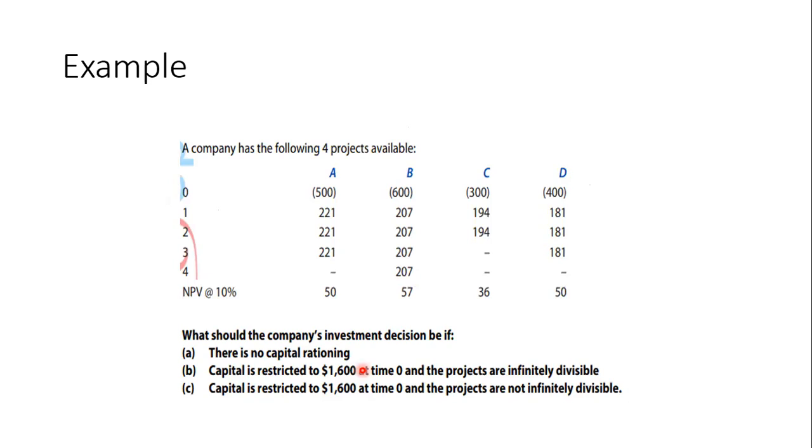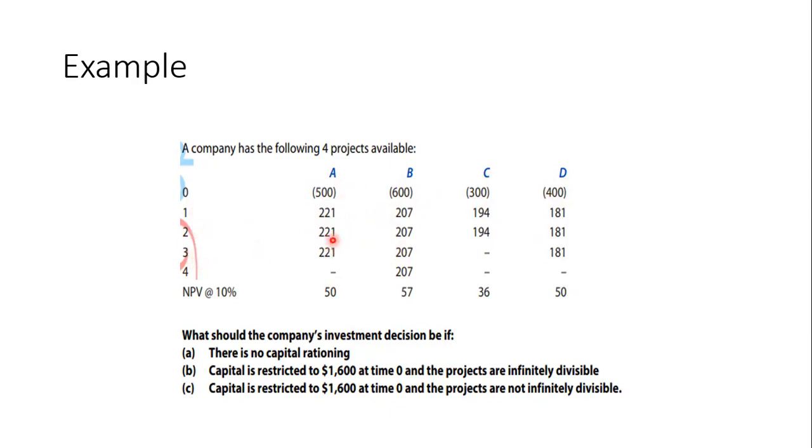The company has the following 4 projects available: projects A, B, C, and D. These are the capital requirements for each of the projects: 500 cedis for A, 600 for B, 300 for C, and 400 for D. Now, these are the cash flows that arise in the various years from year 1 to year 4.